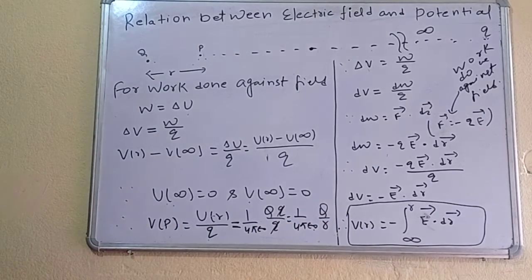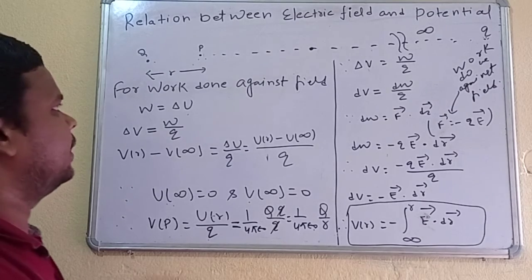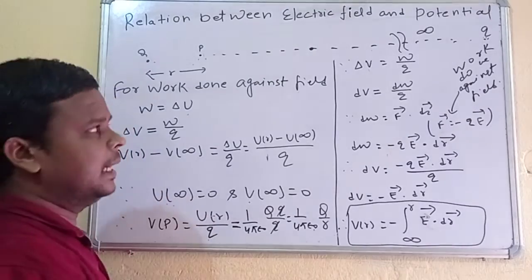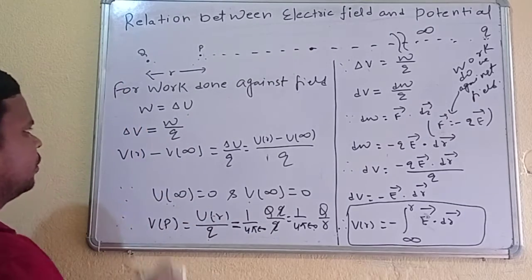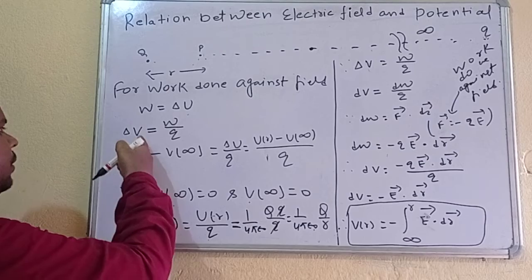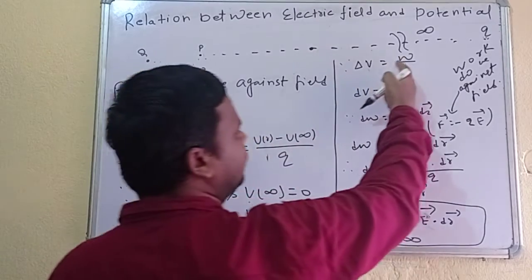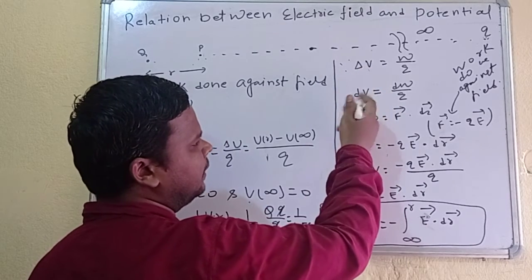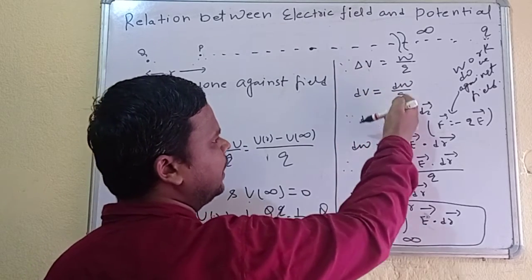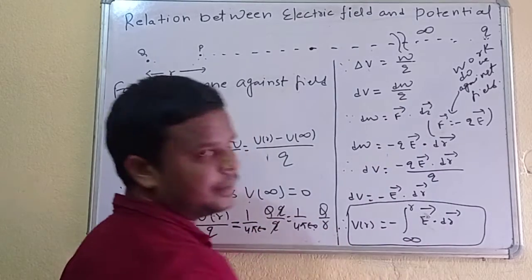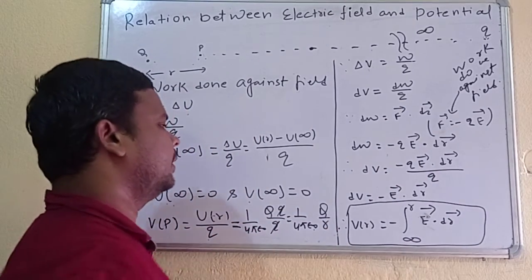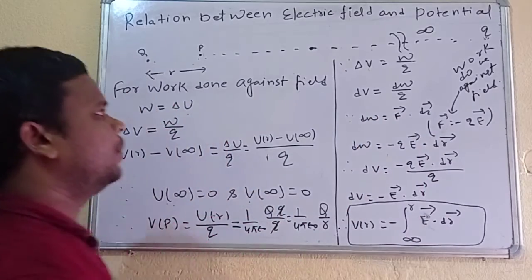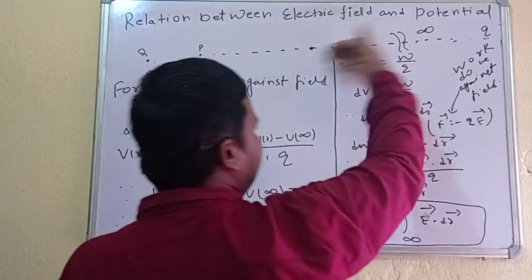But now if the electric field is already given, because here work is going against the electric field, we have to express electric potential in terms of it. So we hold this definition, delta V equals work done by charge. One can also write the infinitesimal change in potential dV equal to dW by dq. And we know the expression for infinitesimal work done, very small work done, F dot dr. The important thing is that work is going against the field.